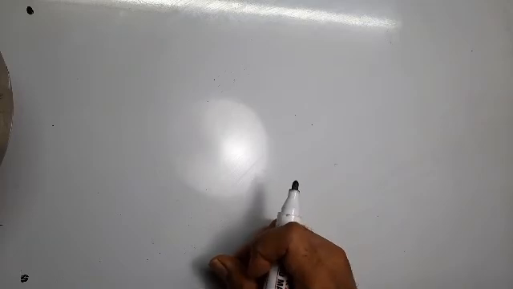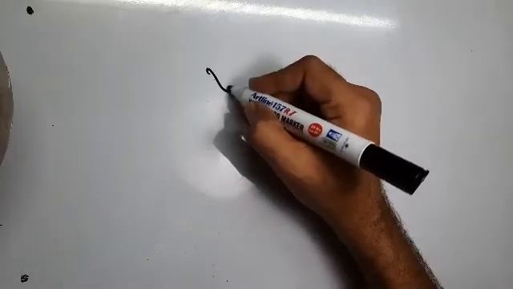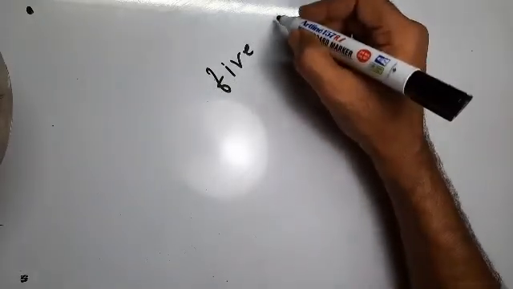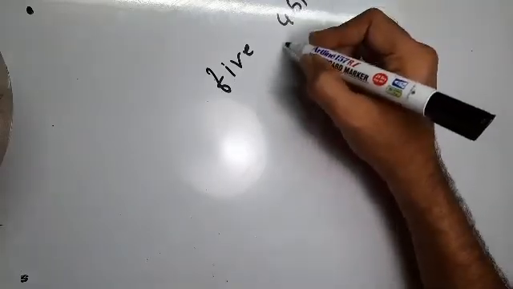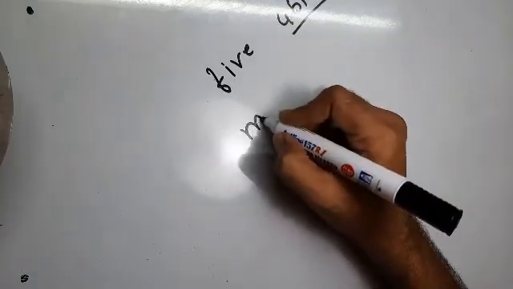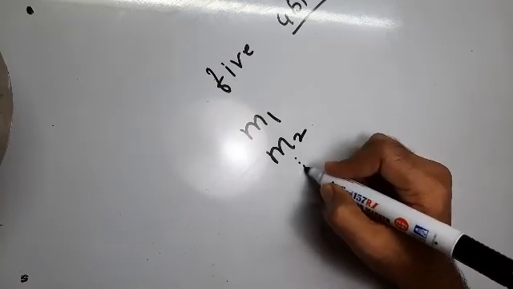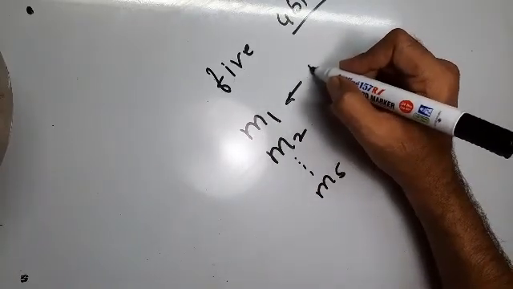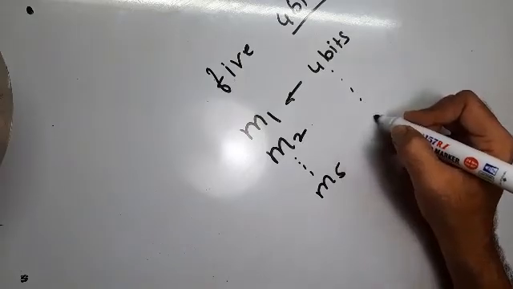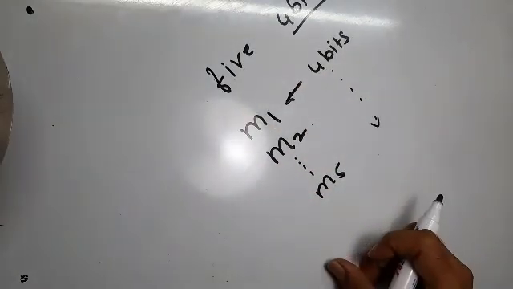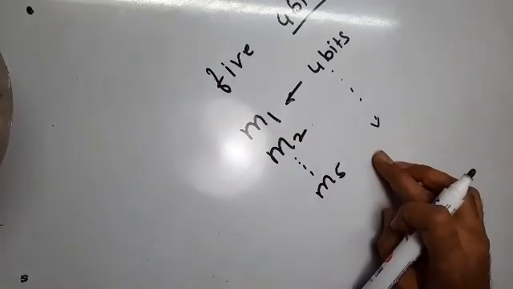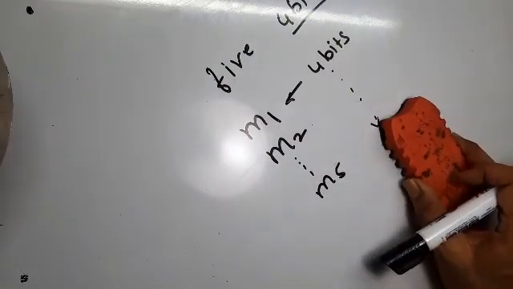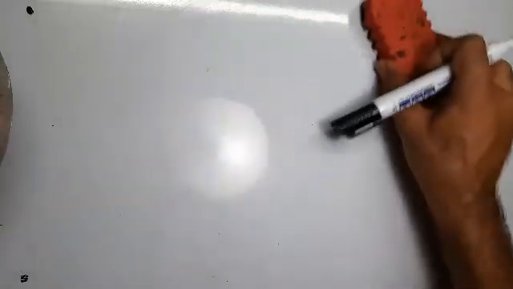Consider one example in which my message is divided into 4-bit numbers. I have message blocks m1, m2 up to m5, and the length of each message block is 4 bits. With this assumption, I'll perform the calculation to find the checksum.